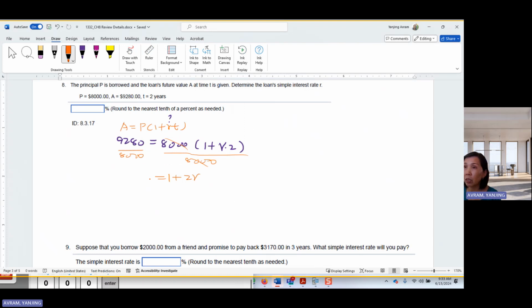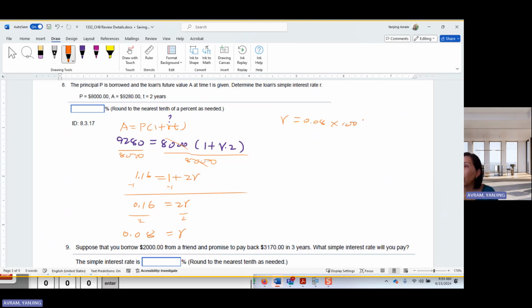And then we minus 1 on both sides, so this will be just equal to 2R. On the left side, 1.16 minus 1 gives you 0.16. Then you divide by 2 on both sides, so R is equal to 0.08.